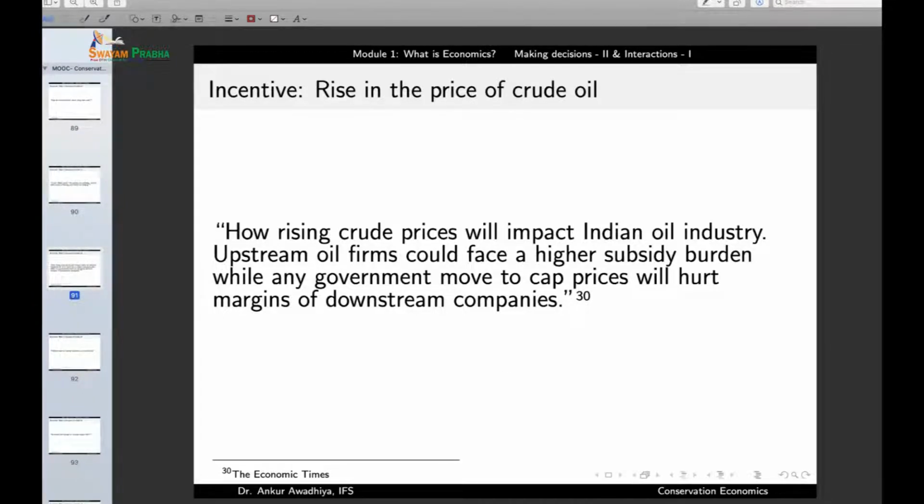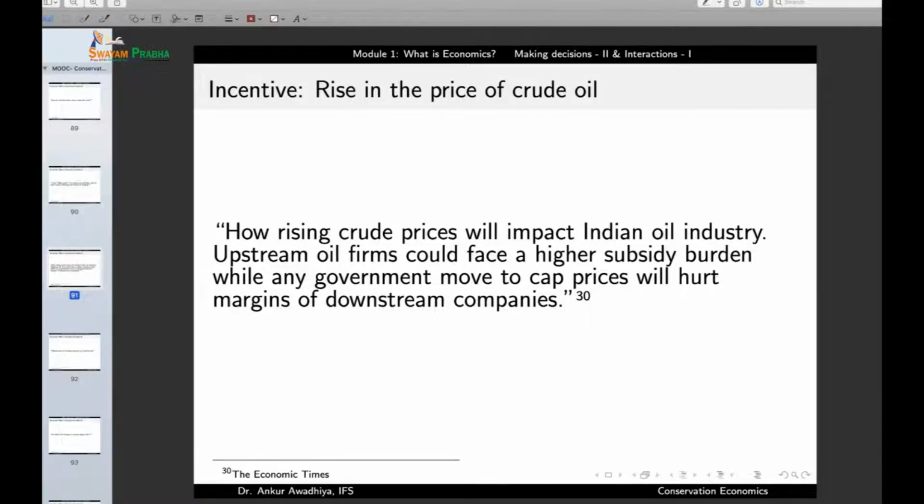Now, the upstream oil companies are those that are either extracting this crude oil from the earth, or they are those industries that are buying this crude oil from other nations. And the downstream companies are those that are using this crude oil, processing it, and selling off things like petrol, diesel, kerosene, LPG, and so on.